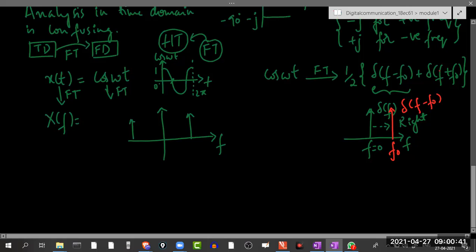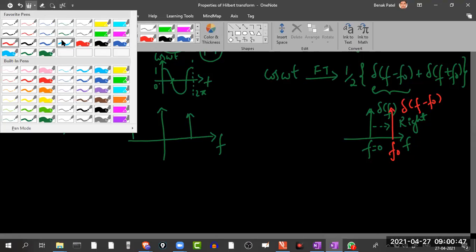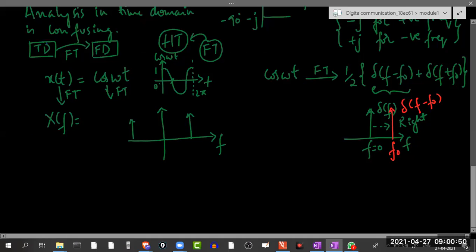And if I look at the other term, delta of f plus f naught is again an impulse function. Only thing is right now it's left shifted or left translated. So this is delta f plus f naught, at some negative frequency, negative f naught. Now, both these two signals are associated with what amplitude value? It's equal to half.